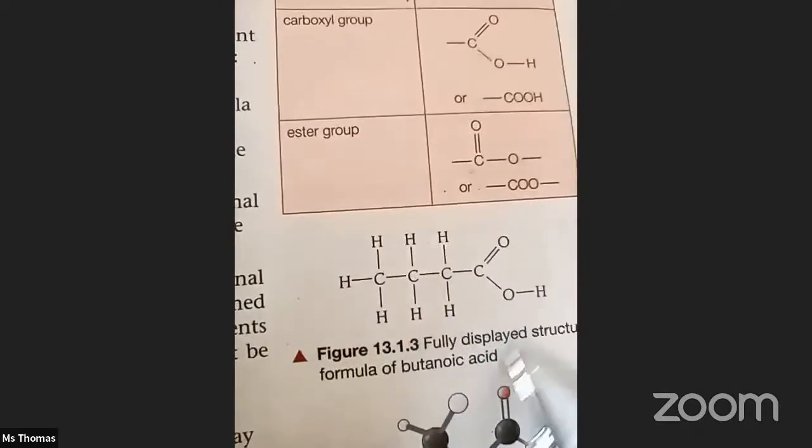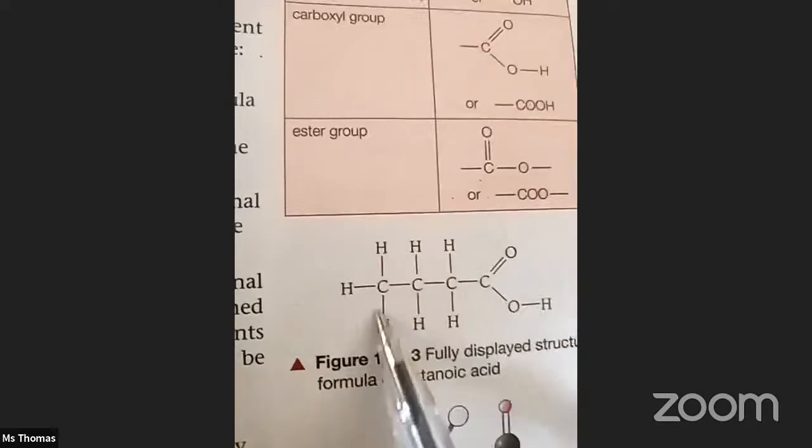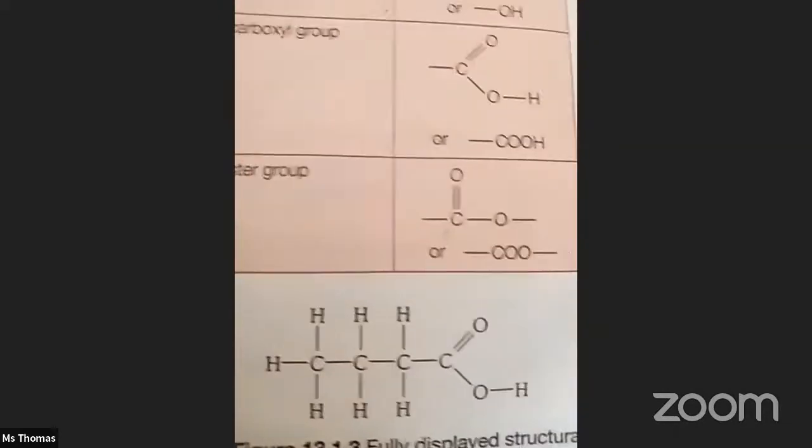Excellent answer. And we also learned the differences between the types of formulae. So I want you to take a look at this formula right here and tell me what kind of formula it is.